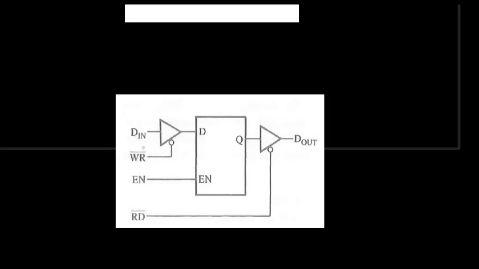Whenever we want to store some information, we have to enable the write buffer, and to read the information, we need to enable this particular buffer. So this is just a 1-bit memory cell. Generally we store the information in registers.